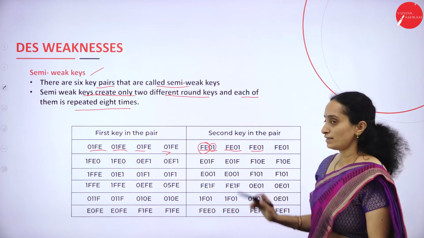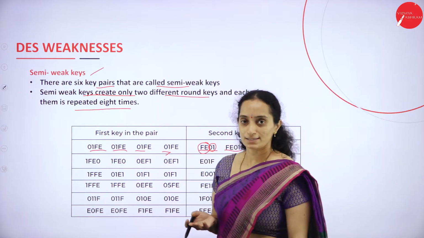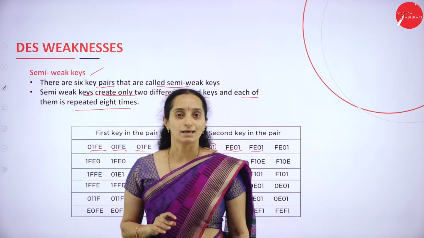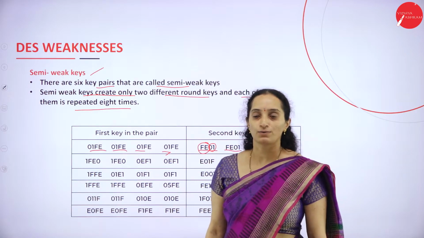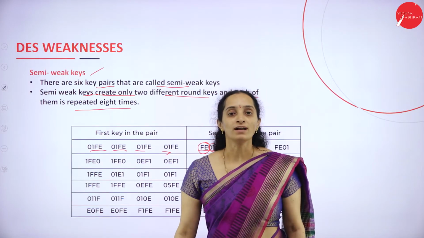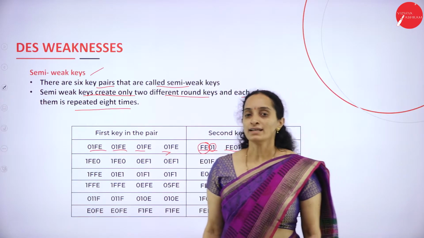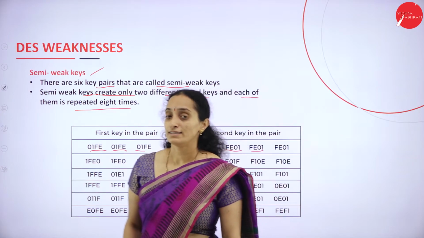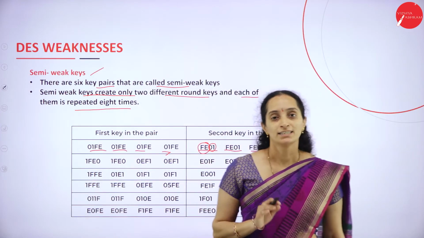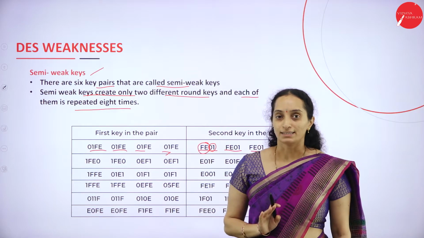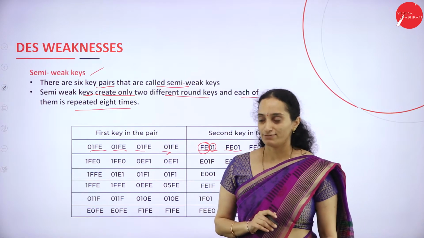We get the same combinations. Repeated 8 times. So 2 different round keys are repeated for 8 times. Again, this makes the DES cipher a little bit weaker than the weak keys, but not as weak as the weak keys.